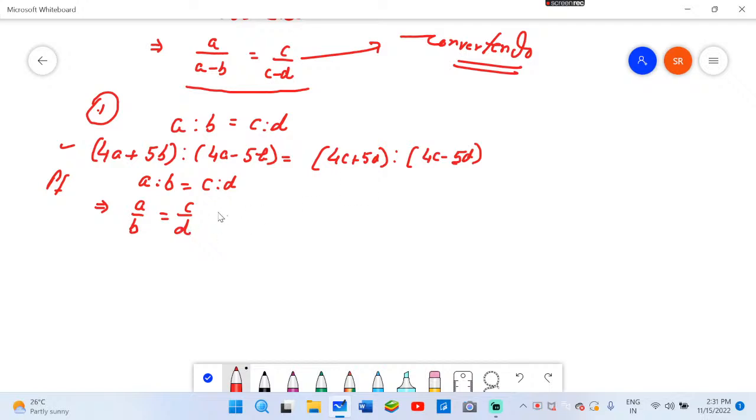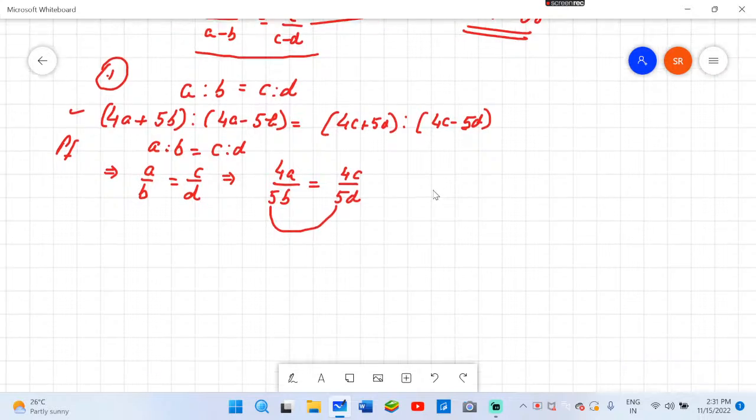This becomes 4A upon 5B equal to 4C by 5D. I have multiplied both sides by 4 by 5 because I wanted to create terms 4A, 5B, 4C, 5D. I have created those.